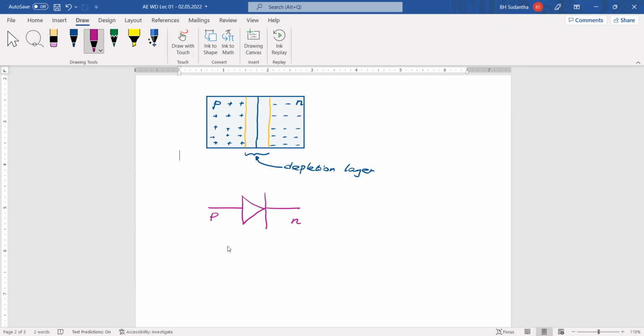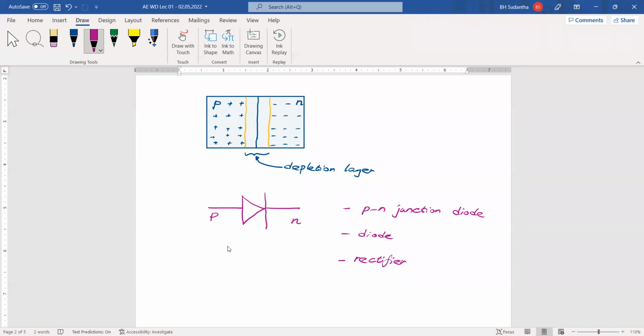After making this, we can say this is a PN junction diode, or you can directly say it is a diode. Different names can be found, such as rectifier, but diode is the common name.